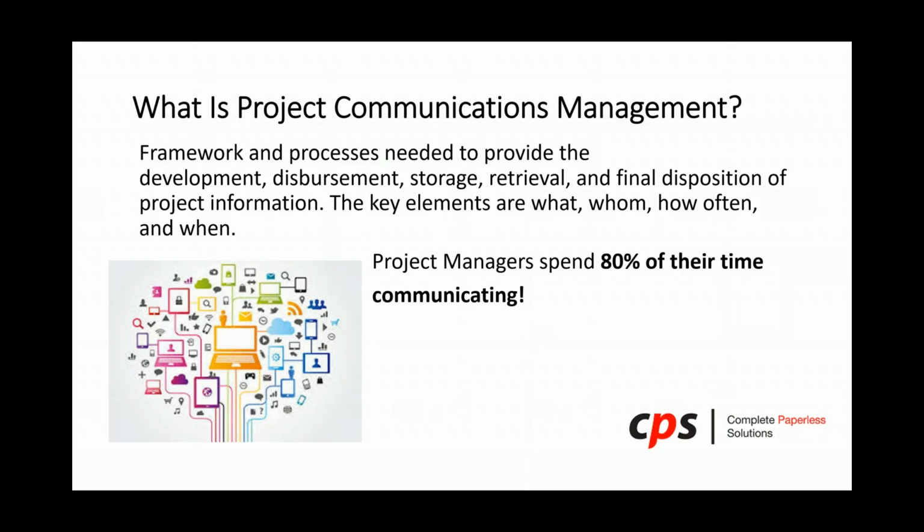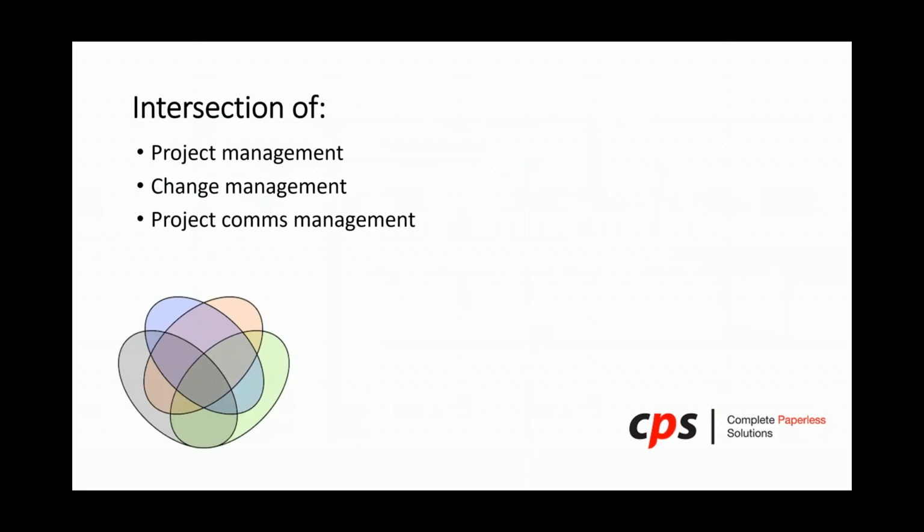And I just did want to add that 50% of the time that the project manager spends communicating is actually within their own project team, versus outside the project team, which we'll talk a little bit more about when we go into working on feedback.